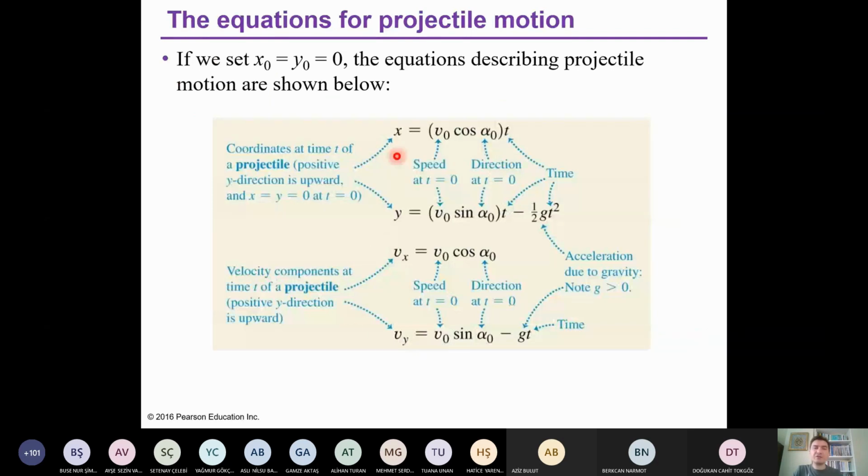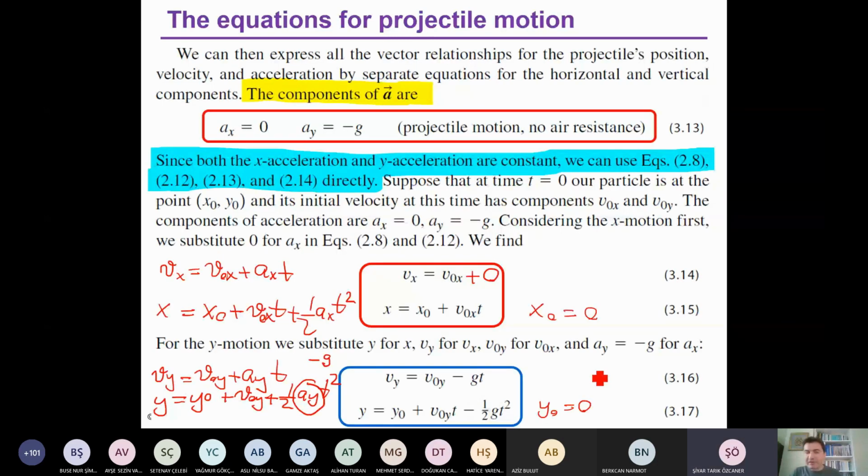In addition to that, if you consider that the initial x position is 0 when the time is 0, and that the initial y position is 0 when the time is 0, then here x0 will be 0 and y0 will be 0, okay? Then x will be equal to v0x times t, and y will be equal to v0y times t minus 1/2 g t squared.